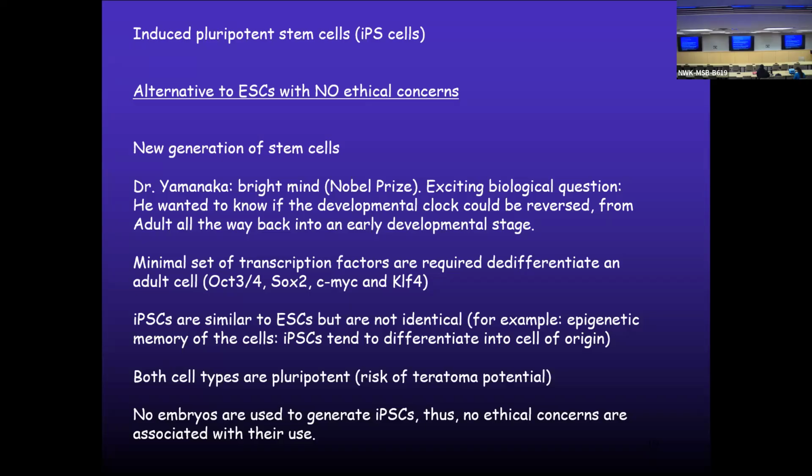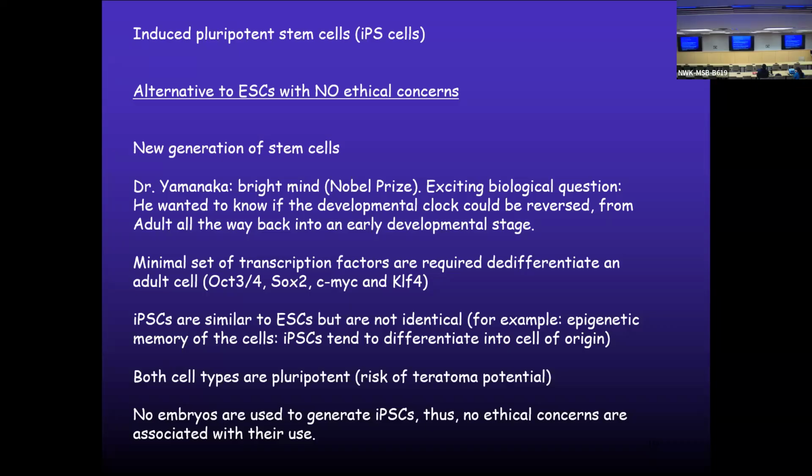But he started removing one by one until he got a minimal set of 4, now we call them the 4 Yamanaka factors: OCT4, SOX2, KLF4, and CMYC. You don't have to retain the names, but these are the Yamanaka factors.